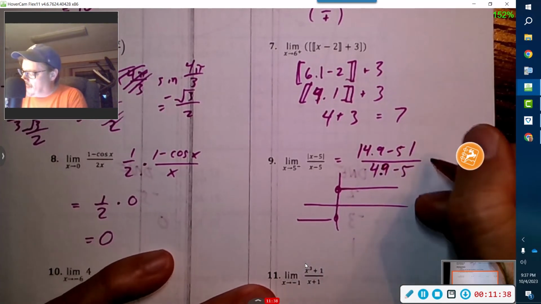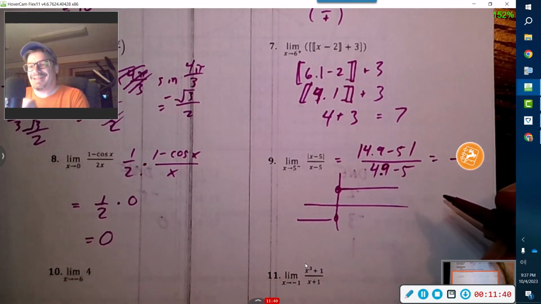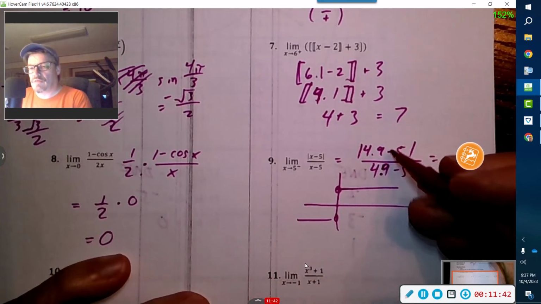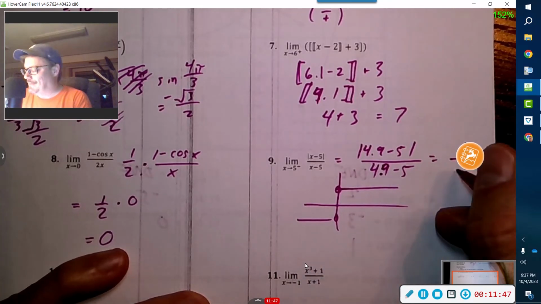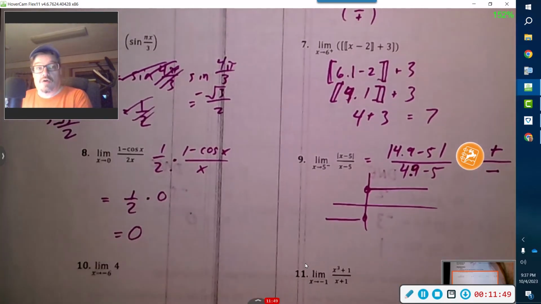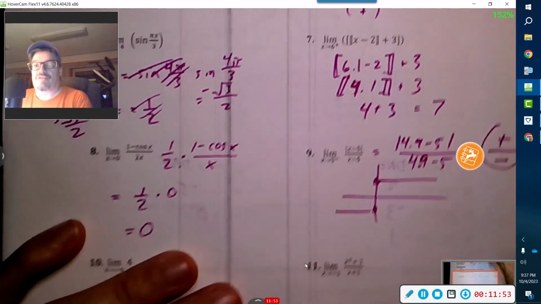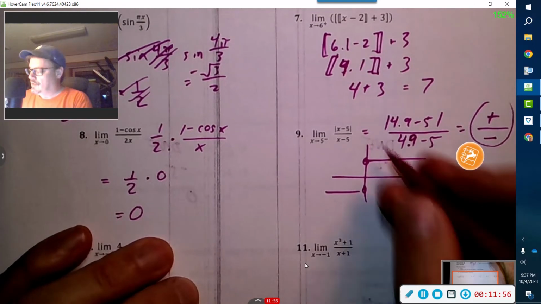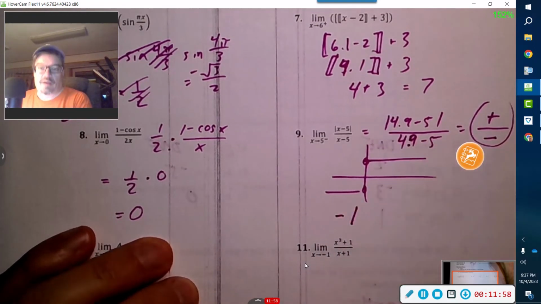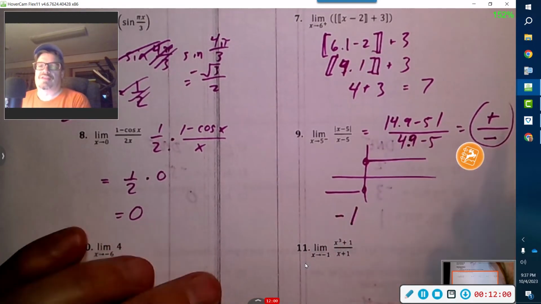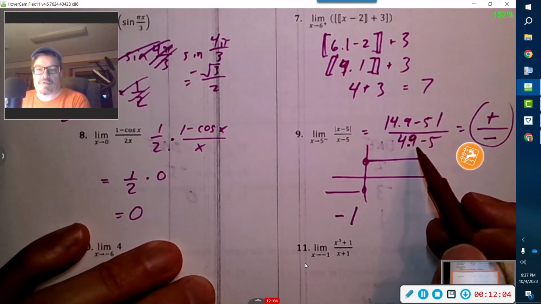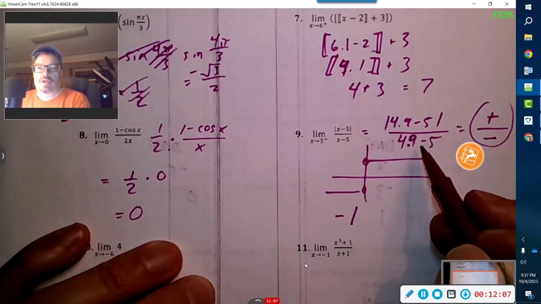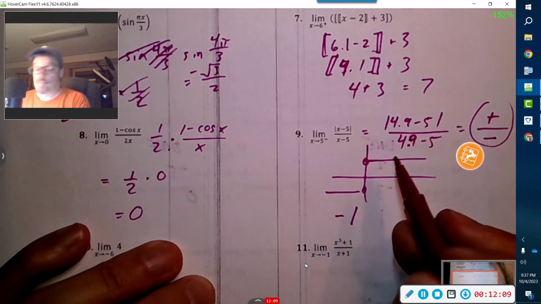Now you're going to get the same number, but on the top, that negative value became positive, and this guy became negative. It's going to be the same number, just the negative version of that number. So -1 is it. You're going to get the positive number up here, but the same number negatively here, so that would produce -1.